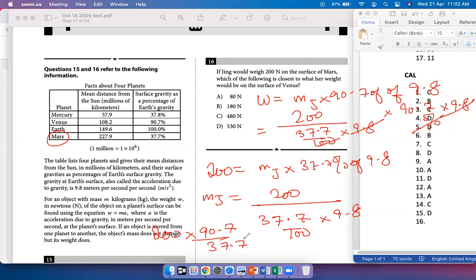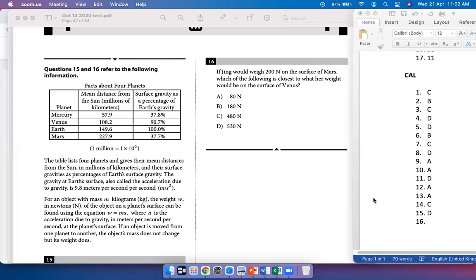Right? That's the effective answer. So that becomes 200 multiplied by 90.7, divided by 37.7, which is 481. So about 480 newtons. So C is the right answer for this question. Okay.